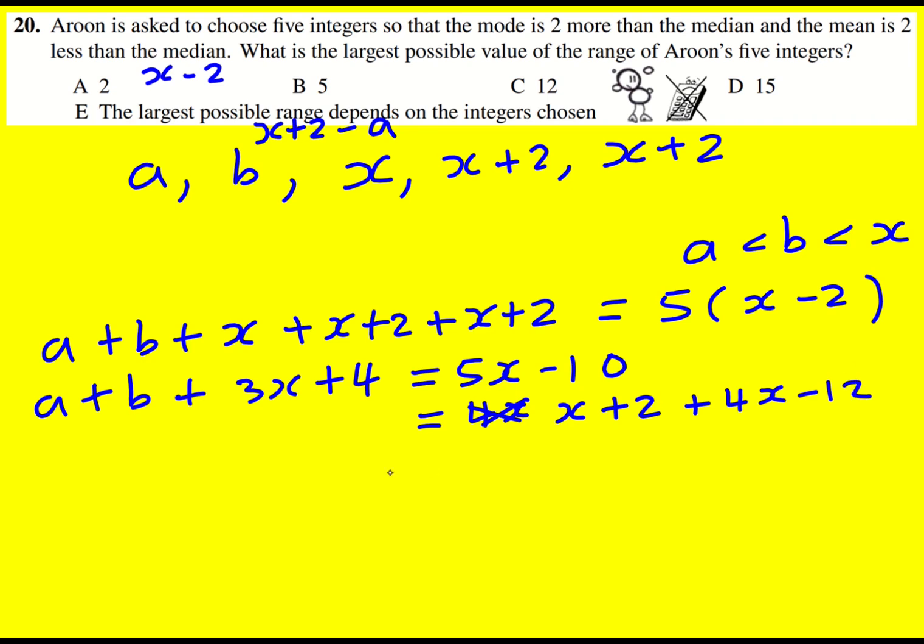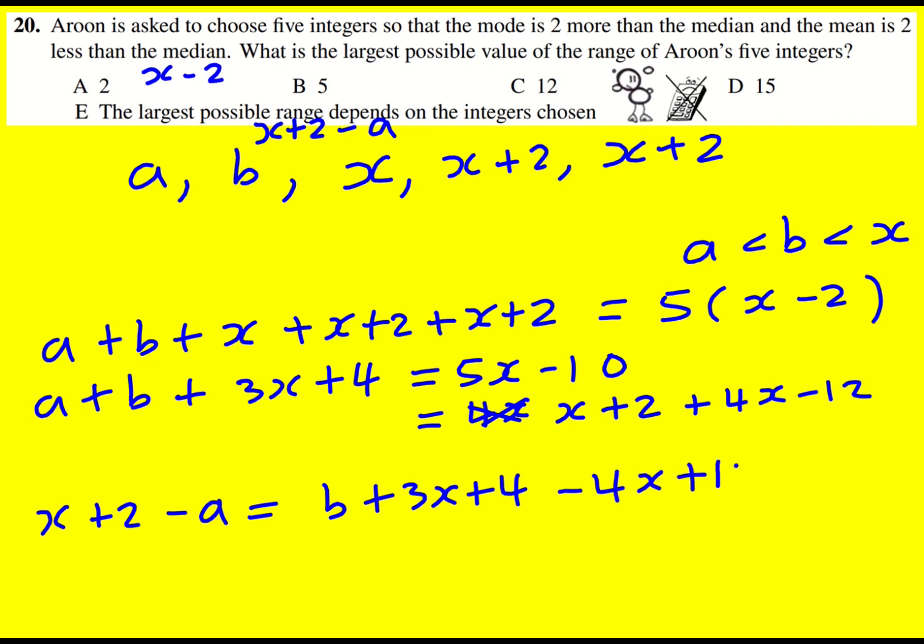And that means that x plus 2 minus a is going to equal b plus 3x plus 4 minus 4x plus 12. I've just manipulated this equation to get the range on the right-hand side, but then I've swapped it. So I'm just going to say this again.